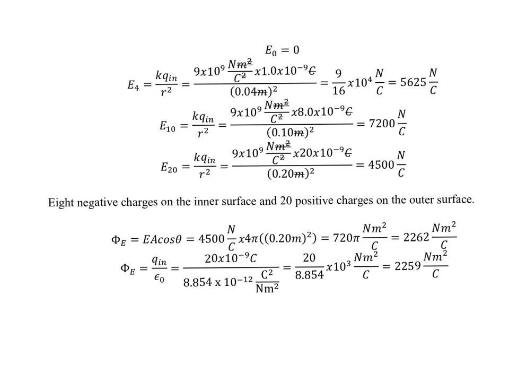There's all the numbers. See the units cancellation. There's the answer. Calculate it out. Same thing as we showed before for E10 and E20. And the last question was the flux.